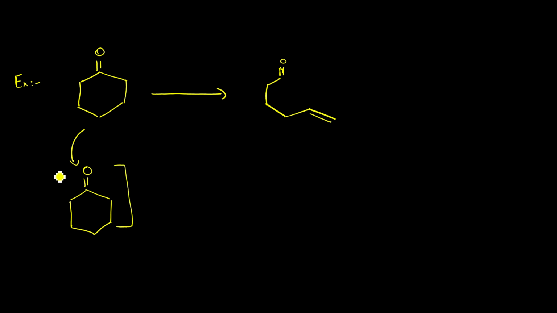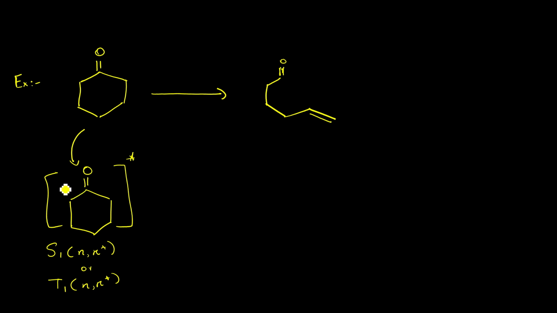Here we have the excitation. This is the excited molecule, and you have to mention the energy state, which is a singlet excited state, and the transition n to pi star. And next is the triplet state, n to pi star. And then a breakage can happen.